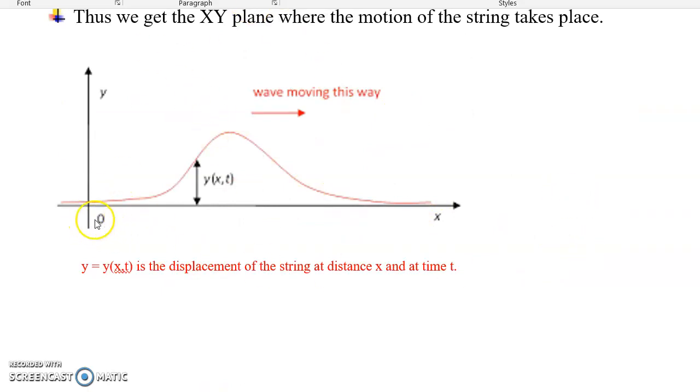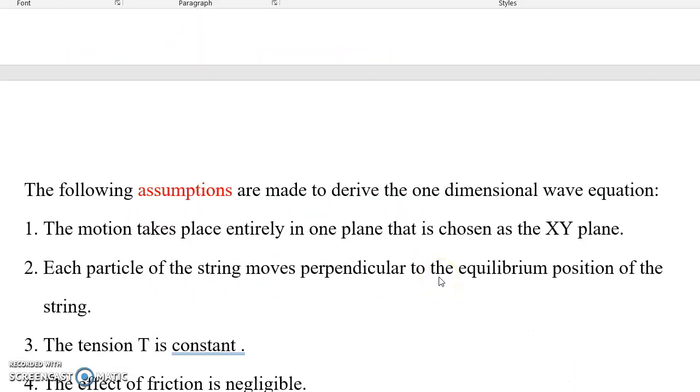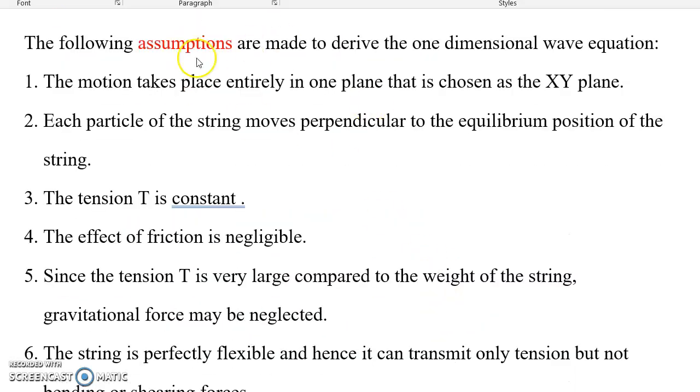You can see this picture. So here this 0 will be the one end of the string, and this line will be the equilibrium position of the string, and here y represents the displacement of the string at a distance x and at time t. And we have a few assumptions in deriving the one-dimensional wave equation.